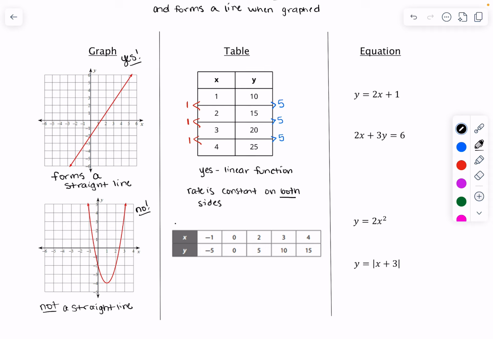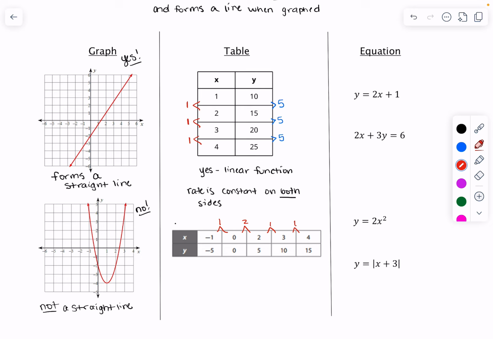The second table, if we take a look at my X values, from -1 to 0, that's a change of 1. From 0 to 2, now I have a change of 2, which is kind of a red flag. From 2 to 3 is 1, and from 3 to 4 is 1. Is that the same value every time we're increasing? No, it goes from a change of 1 to a change of 2.